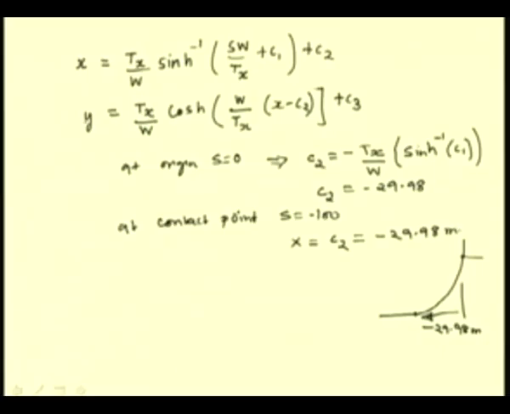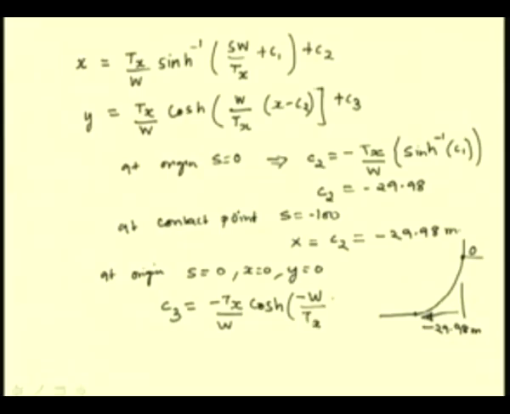Now, if we solve this other equation at origin, that is at this point, we have s equal to 0, x equal to 0 and y is equal to 0. So, from this we find this constant C3 as cos hyperbolic minus W by Tx C2. We have already found this constant C2, and from this we find C3 as minus 100.47.